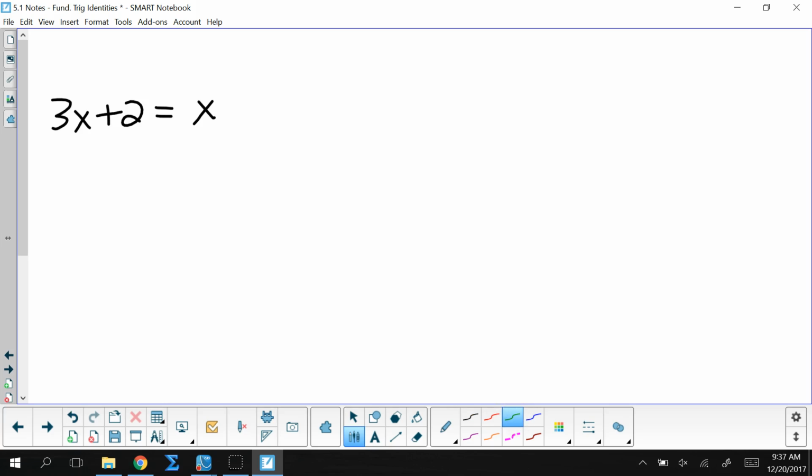I would subtract 3x, and then divide both sides by negative 3. What if I don't like doing that? What's my other option? I could subtract x from both sides and then subtract 2 from both sides. You can get positive 2x equals negative 2 and then still get negative 1.